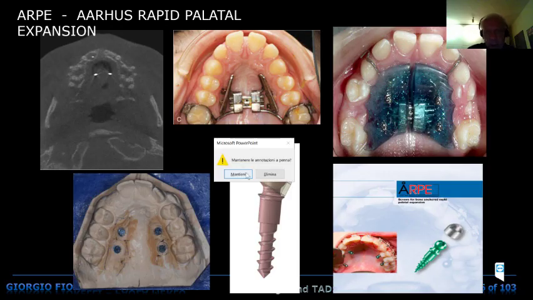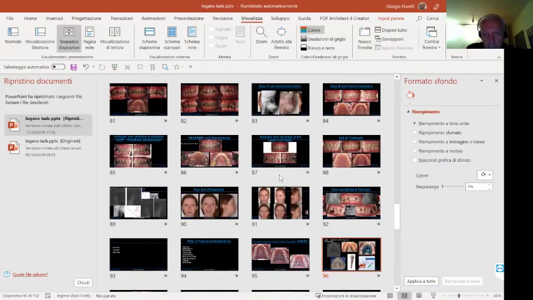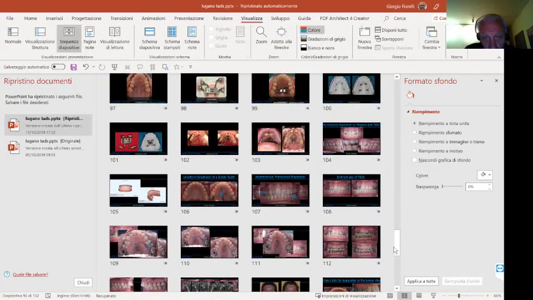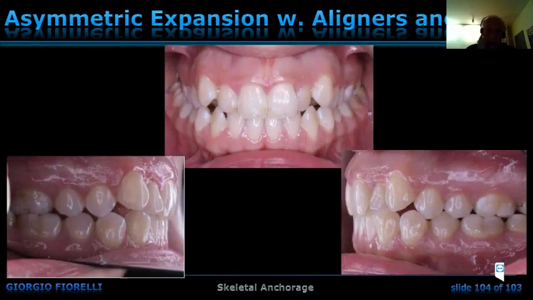I just want to show you a couple of cases about asymmetrical expansion. We take this one. And this case is again an Invisalign case, just to tell you we can do simple things even with Invisalign if you know how to work.